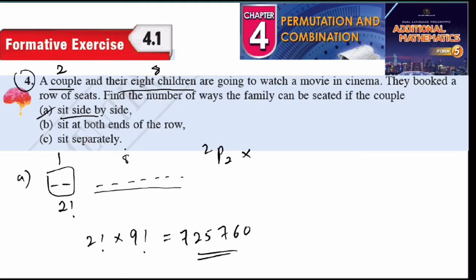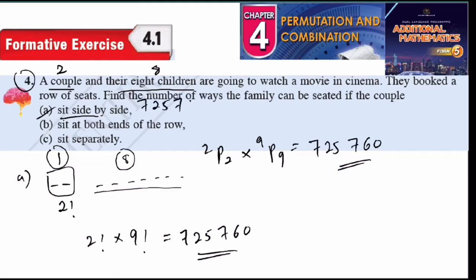So it's 9P9, because of 1 plus 8. Remember that the couple must be considered as one object after we arrange them to sit side by side. So the answer should be 2P2 times 9P9. If you press your calculator, you will get a very big number, which is 725760.